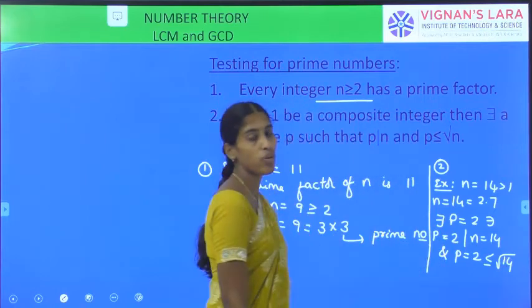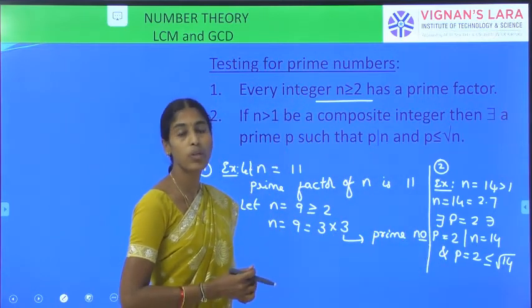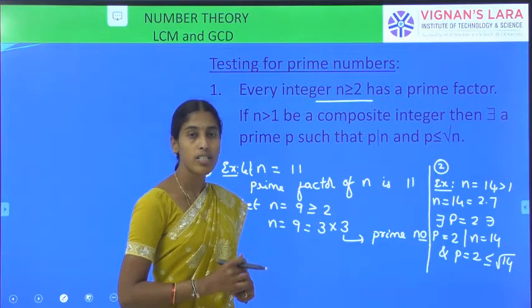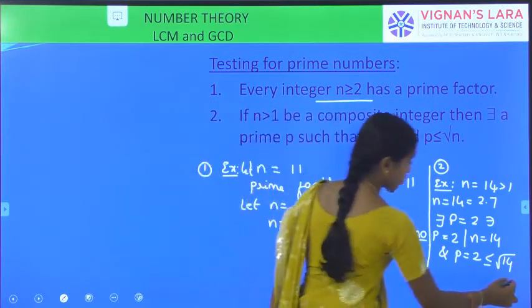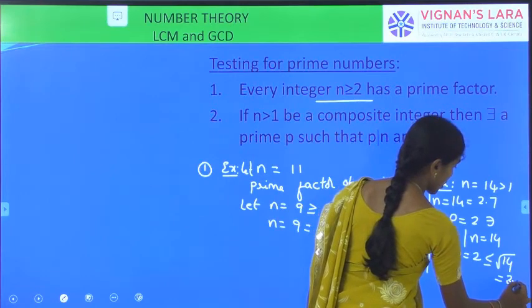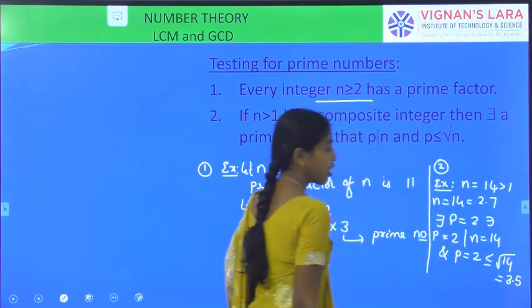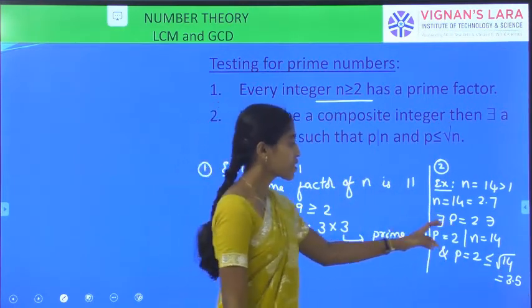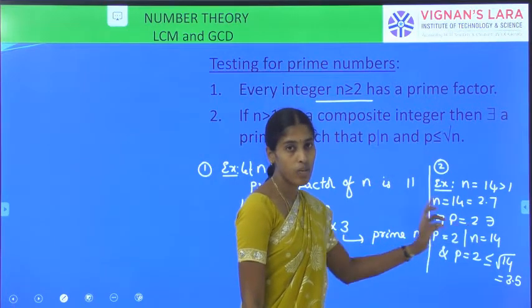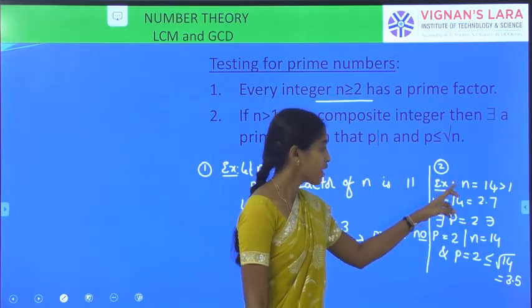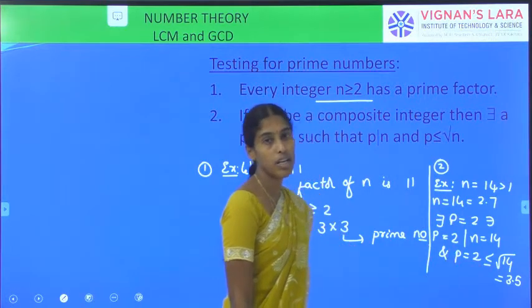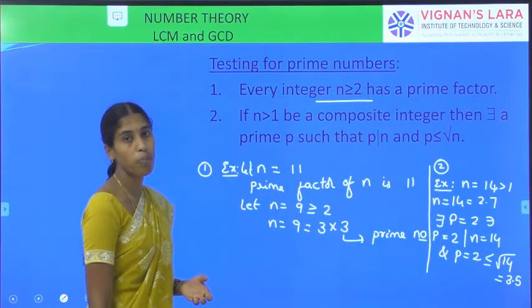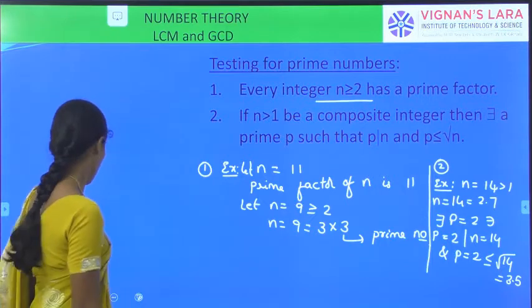What is the square root of 14? All of you know square root of 9 is 3, square root of 16 is 4. So root 14 has a value between 3 and 4, around 3.5 something. So there exists a prime number p which is equal to 2. 2 divides this 14 and also the value 2 is less than or equal to square root of 14.